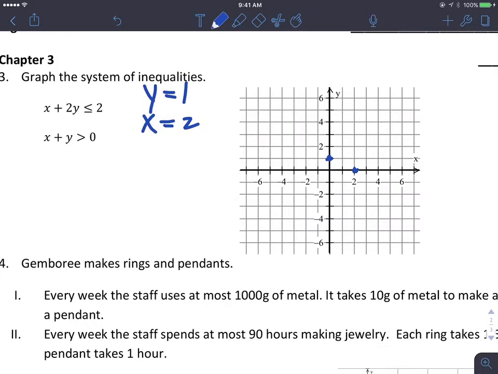I see the slope. I'm just going to put a couple more points in there to try and get my line nice and straight. And then, is this going to be a dotted or solid line? Looking at the inequality, it is underlined, so it is going to be a solid line.